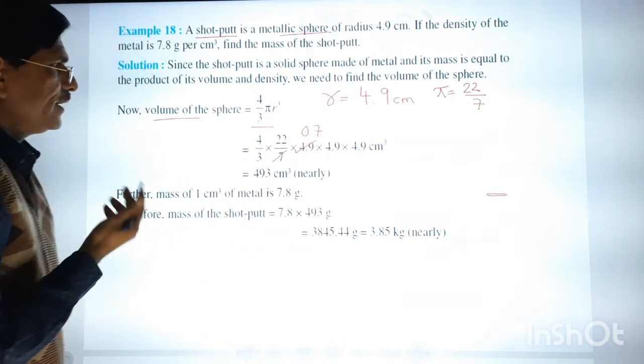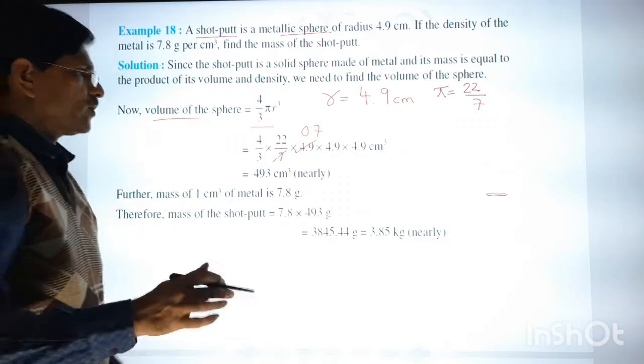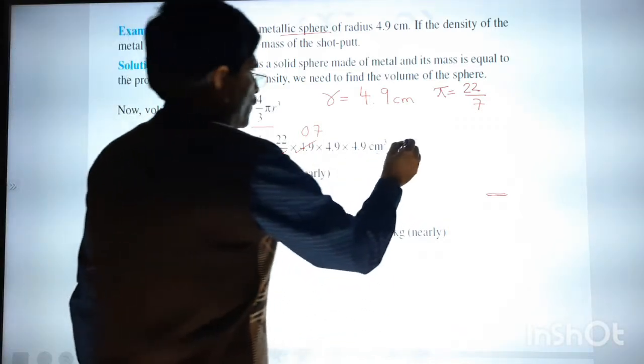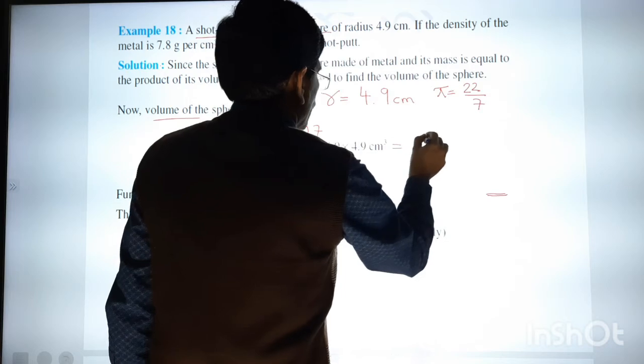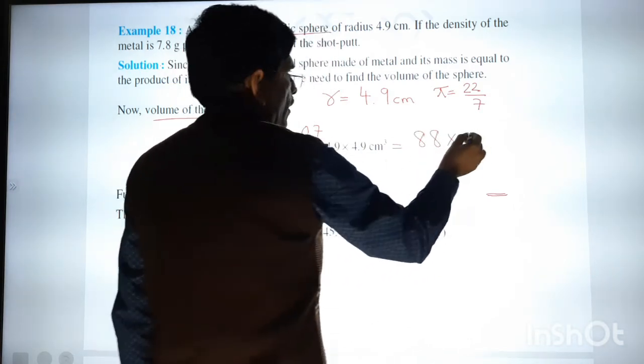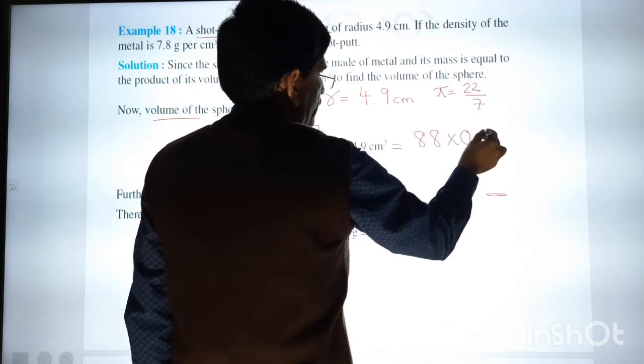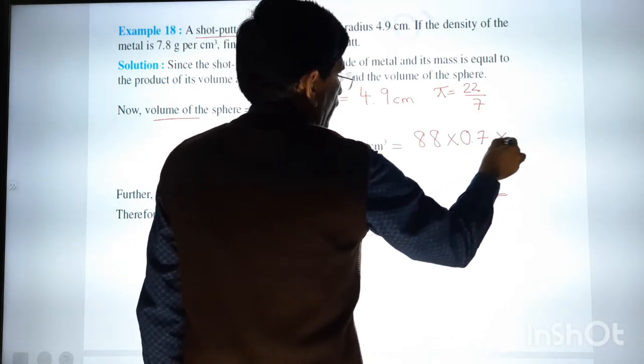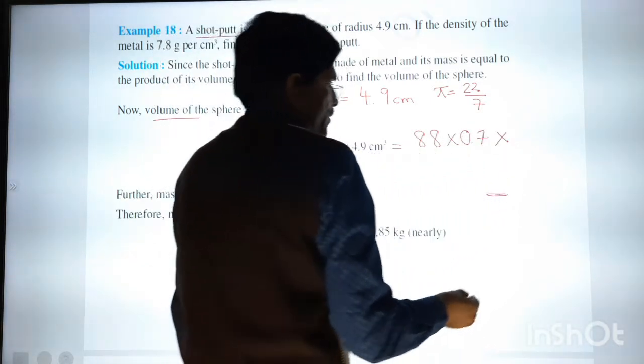Now 49 square, 88, 3 we cannot divide it. So we can see here 44 into 2, that is 88, into 0.7. Now 49 square.